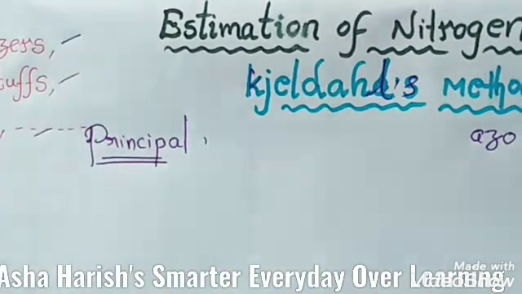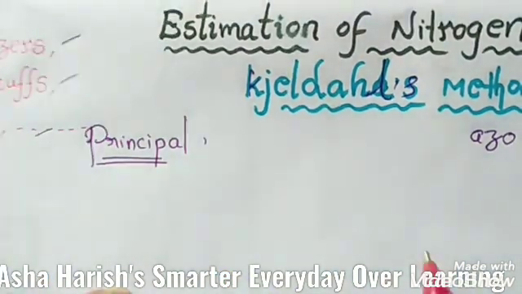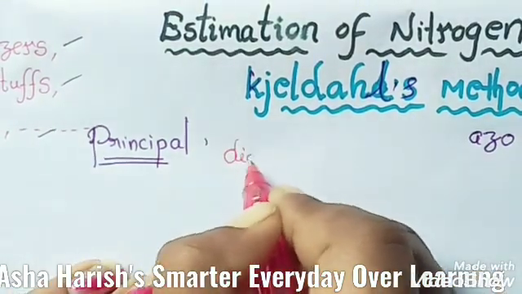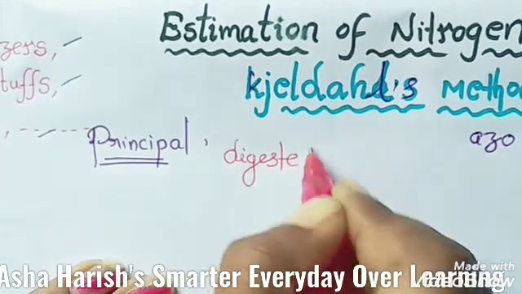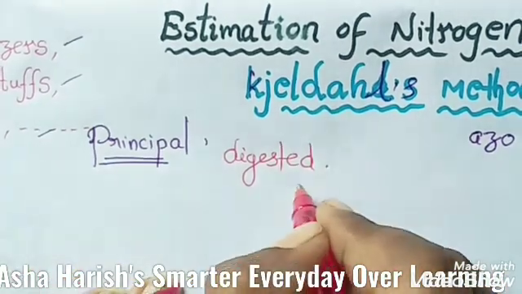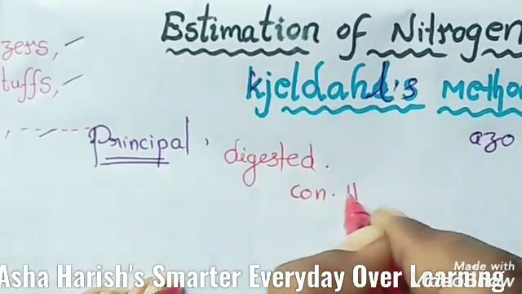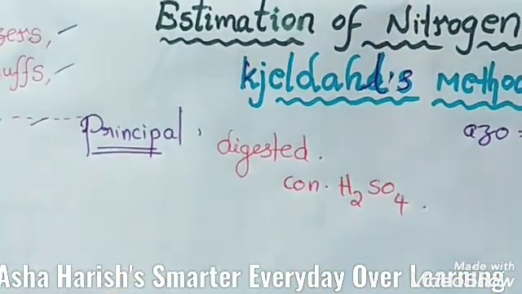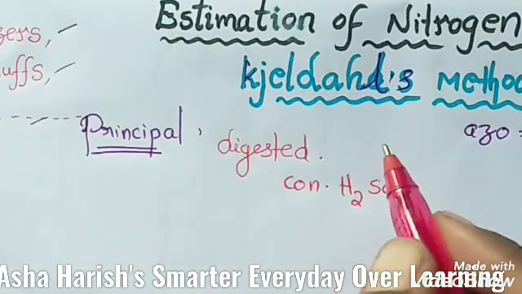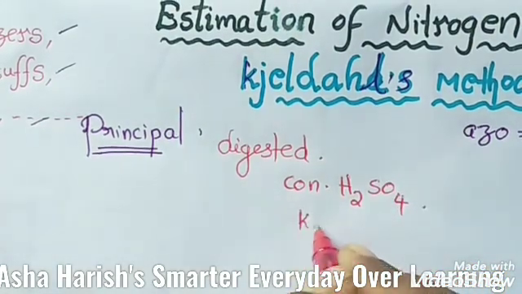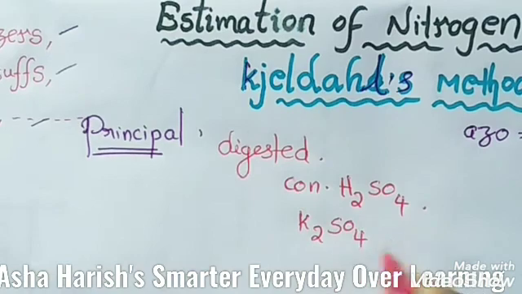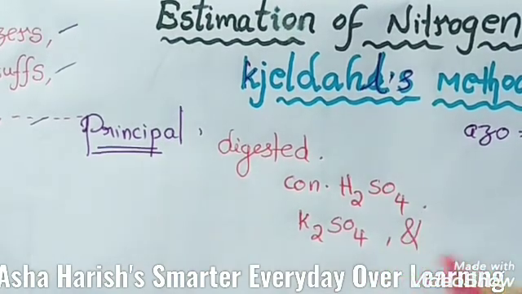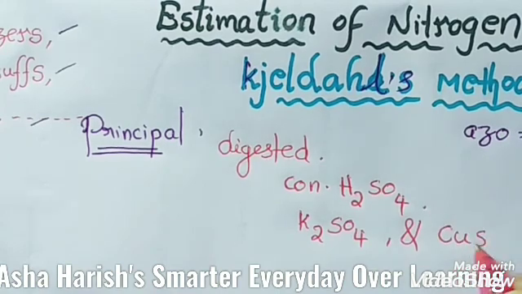Here, a known mass of the organic compound is digested, nothing but heated, with concentrated H2SO4, concentrated sulfuric acid, in the presence of potassium sulfate, K2SO4, and a little amount of copper sulfate, CuSO4.